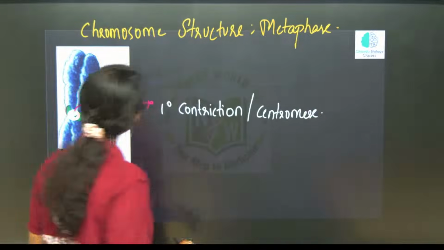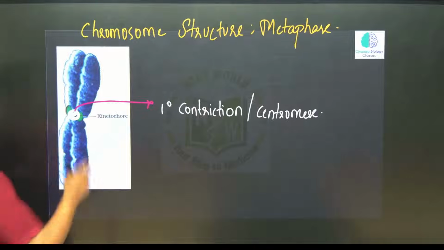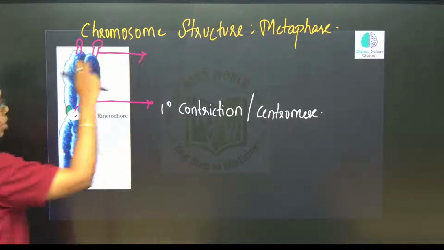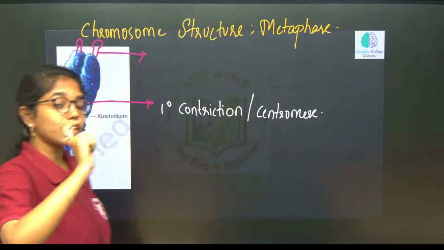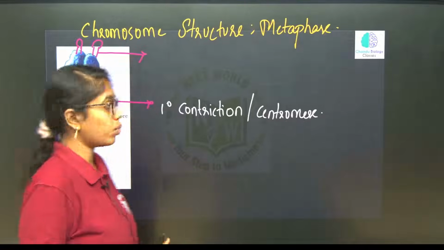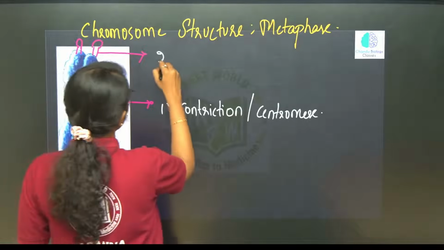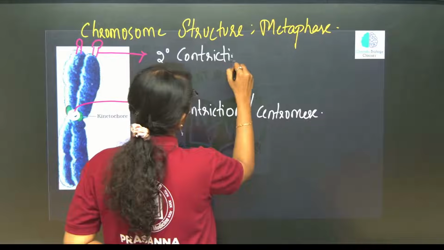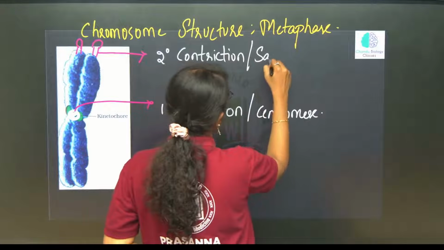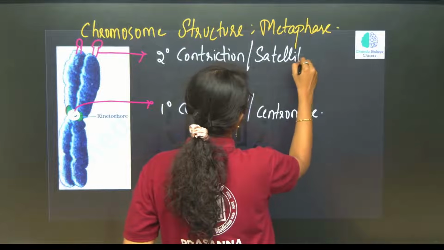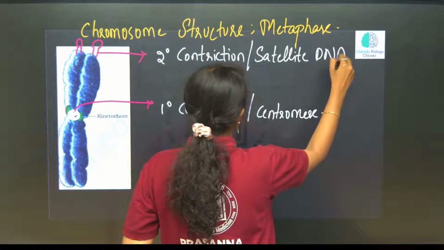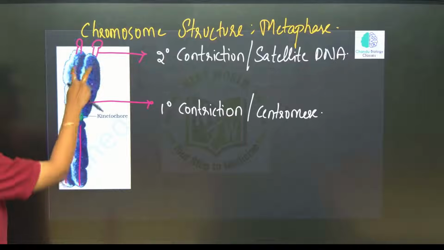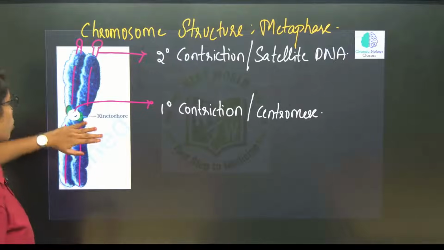Most chromosomes also have a secondary constriction at the tip of the chromatids. This secondary constriction is said to be the satellite DNA, which has most of the repetitive DNA sequences. Inside the chromosome, two chromatids are present.